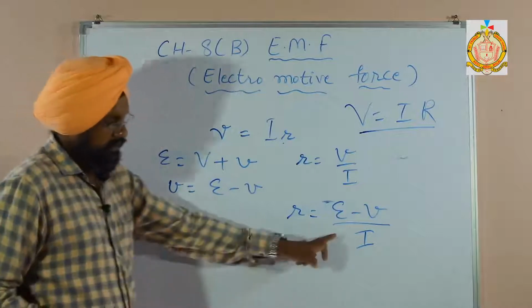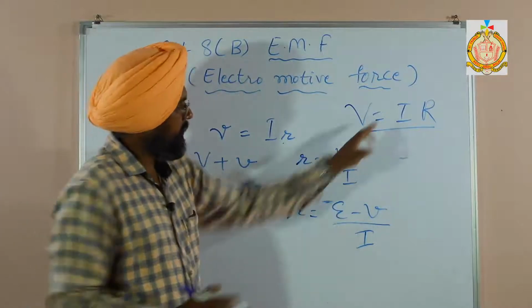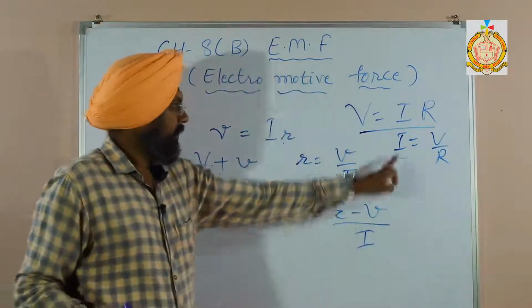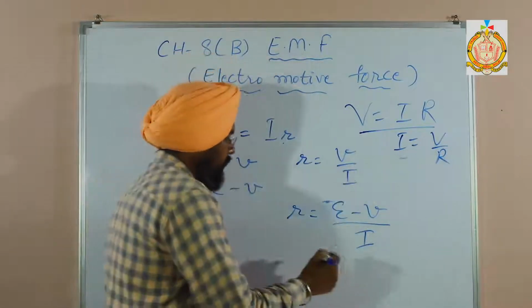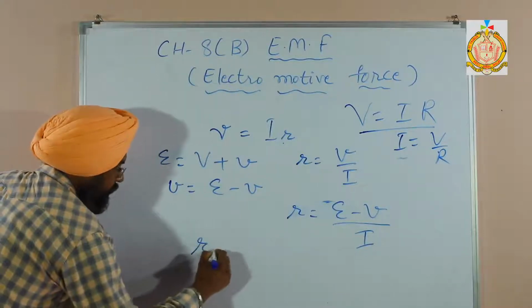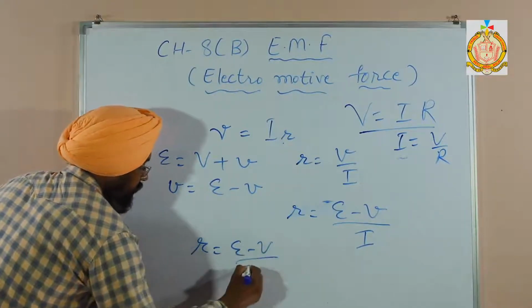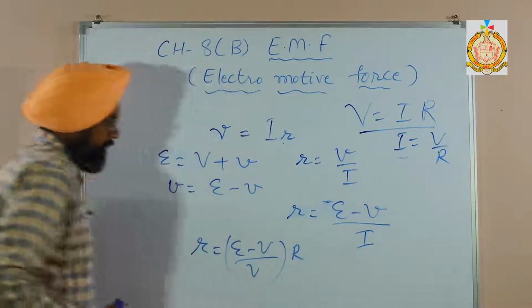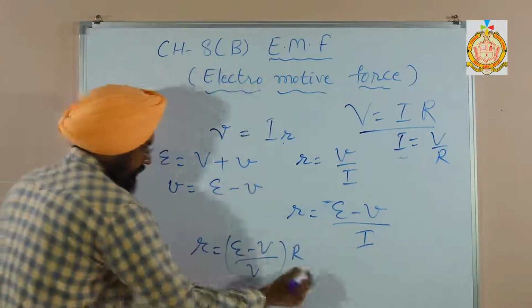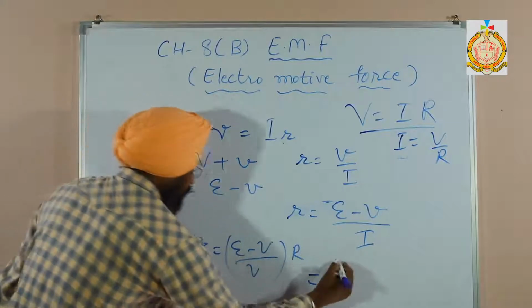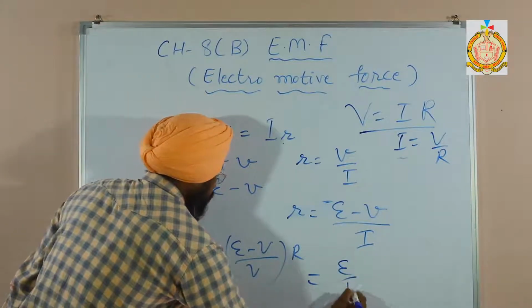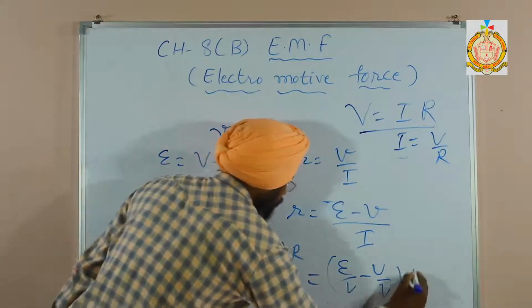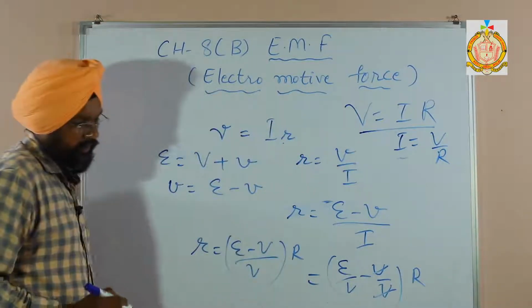In this, take I from V equals IR, so I is V upon R. Substituting this, r is equal to E minus V upon V, into R. Then just split it: E upon V minus V upon V, into R, and this becomes 1.